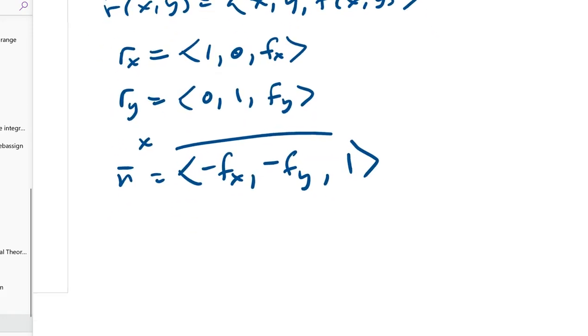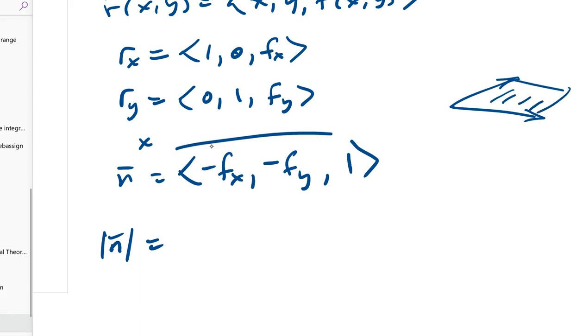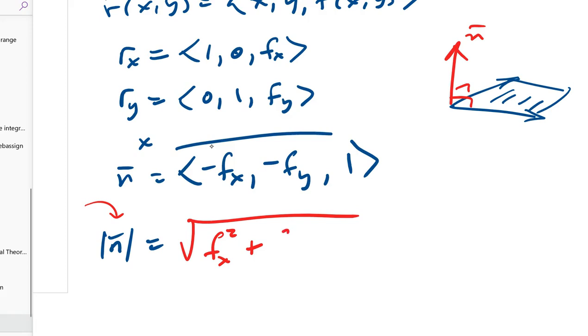That's n. You have your two vectors that form a plane, and then n is the vector perpendicular to both of them. So the magnitude of n is the first one squared, f sub x squared, plus the second one squared, plus 1.